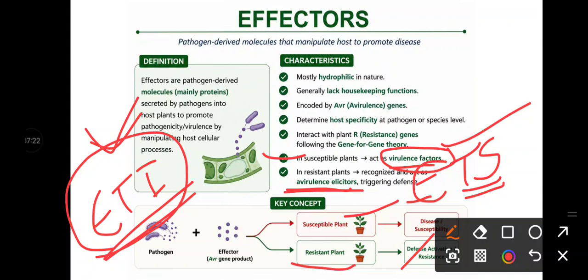But if that pathogen derived molecule is recognized by the particular R gene and ultimately the defense system is triggered, then it will be called an elicitor. Okay. So this is about the effector and elicitor, and their characteristics.